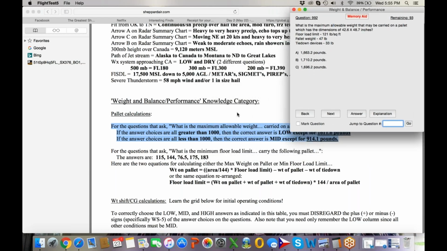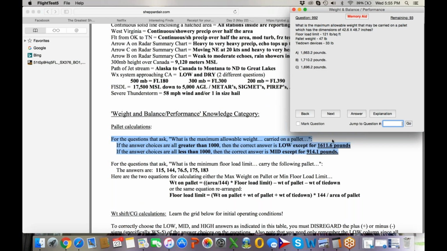So if we go to this, greater than 1,000 pounds, then the correct answer is low, except for 1611.6 pounds. None of these have 1611, but they're all above 1,000. So I'm going to choose the lowest answer, and that's the correct one, right? The one's 1663.2 pounds. Super easy, right?